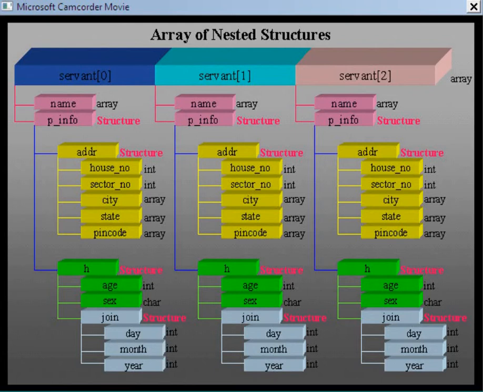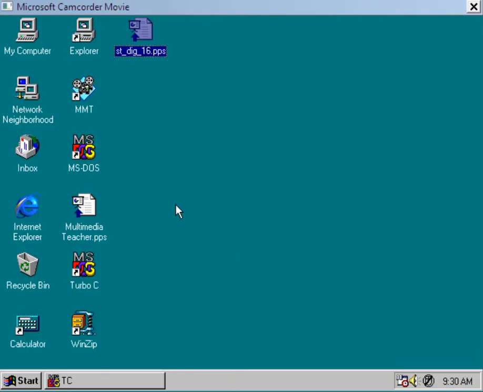Similarly, the last field, if you want to access day, month or year, then we should write servant[0].pinfo.h.join.day. If you want to access year, then we should write servant[0].pinfo.h.join.year. Is it clear? Similarly for other elements of the array. Is it clear?